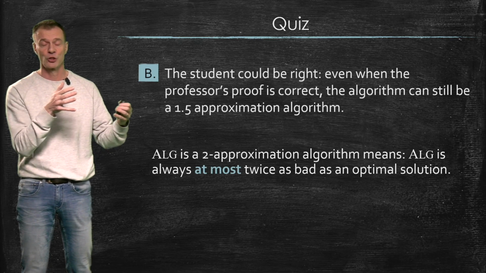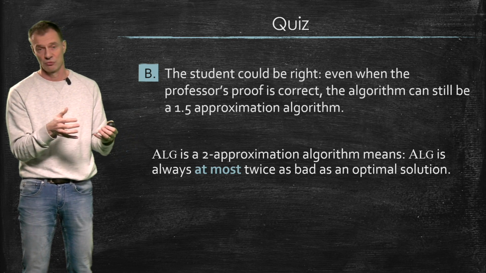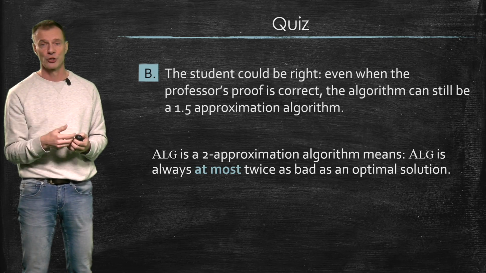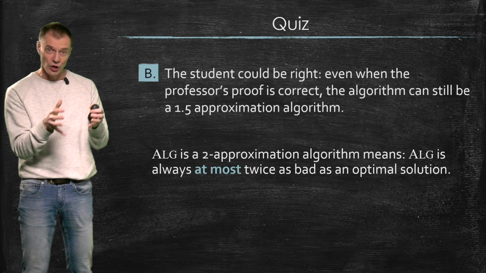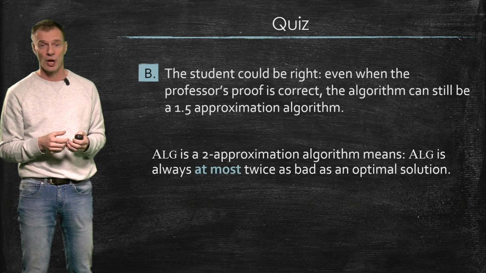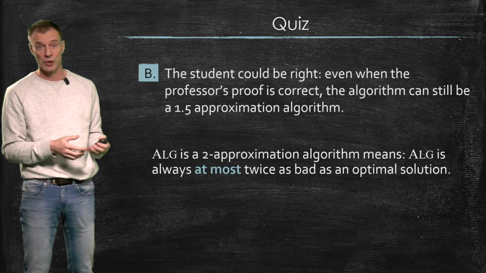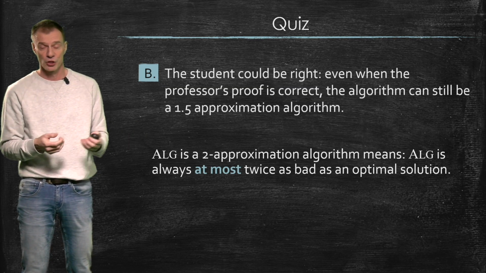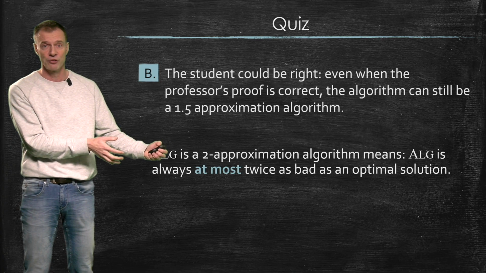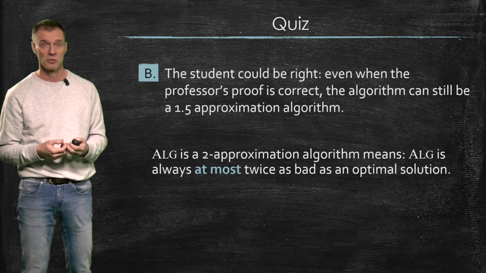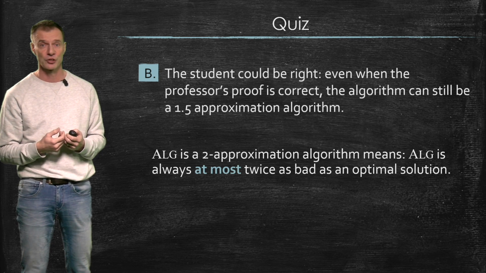So here, if it's a 2 approximation, then for any possible input instance, the value of the solution is at most 2 times the optimal value. If it's at most 2 times the optimal value, it could still be that it's always at most 1.5 times the optimal value. Because obviously if it's at most 1.5 times the optimal, it's also at most 2 times the optimal. So it's very well possible that both the student and the professor are right.